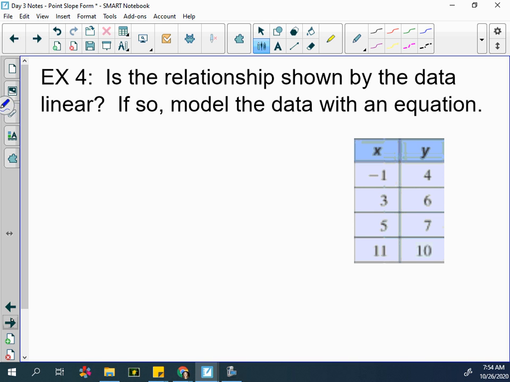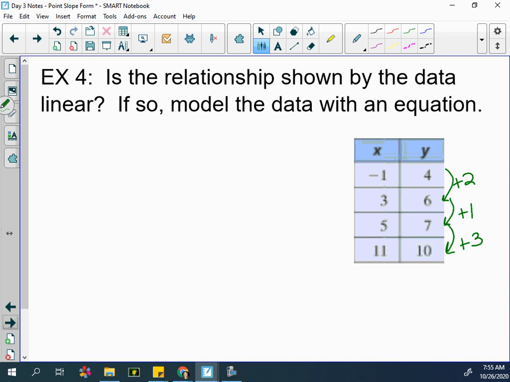So I need to double check the pattern on the x and the y. Let's see if that change in y over change in x is the same for all sets of points. So let's start with pattern. Let's notice what's happening with these y's here. From 4 to 6, that goes up by 2. Now 6 to 7 only goes up by 1. 7, 8, 9, 10.